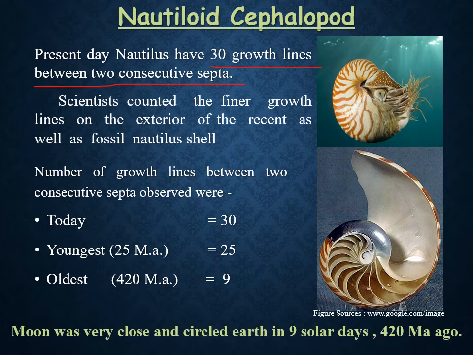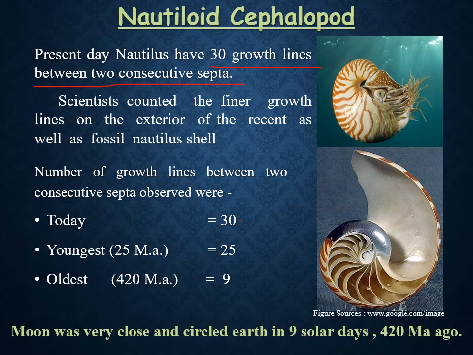It started its journey from the Cambrian, and till today it survives. That is why it is also called a living fossil. Scientists counted the growth lines of nautiloids through time, and they found that between two consecutive septa, the growth lines in present day Nautilus is around 30.